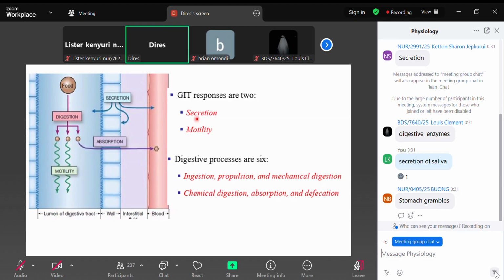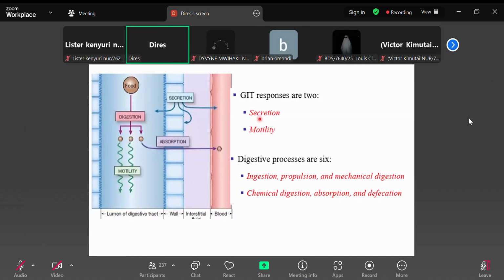For example, if I show you a lemon, you salivate. You see secretion of saliva into the oral cavity. When you eat your lunch, motility increases so that the content in the intestine is pushed down to the colon, rectum, and causes the urge to defecate.